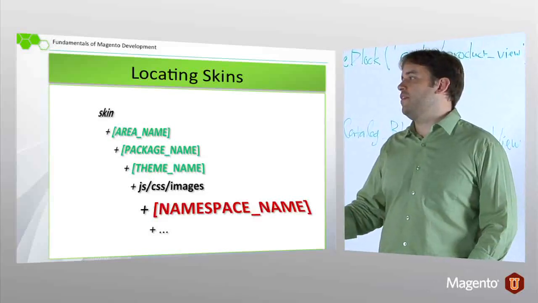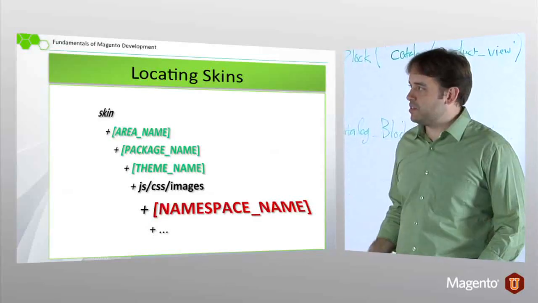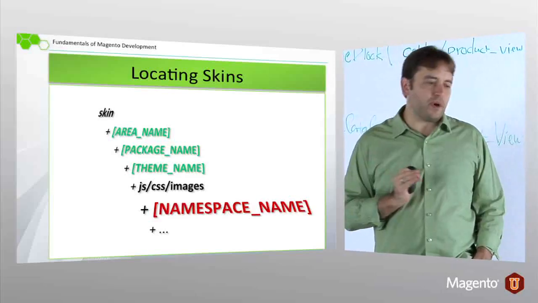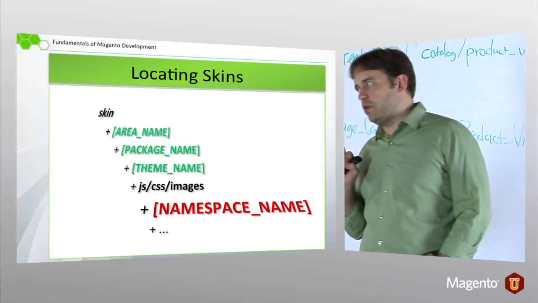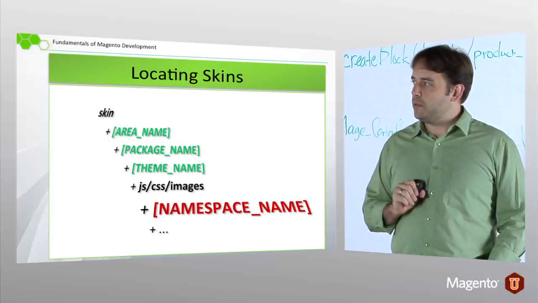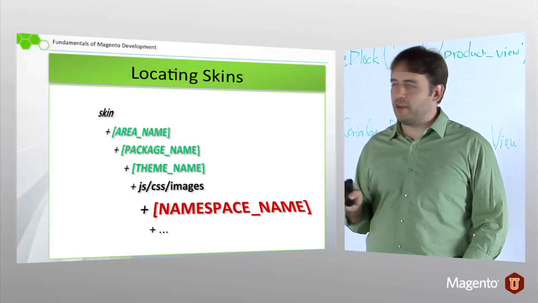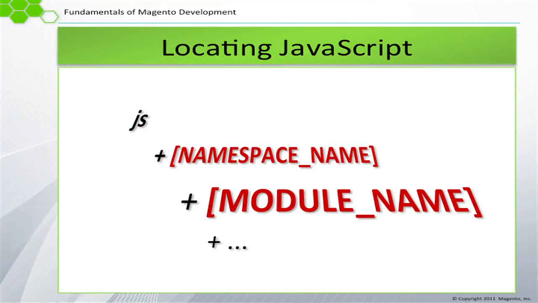Specify this information, and then you can use your namespace. I'll let you look through that and decide what structure works for you. We'll talk about some of the implications about how you do this a little bit later on. But yeah, this is where skins are found, and the skin assets are found.